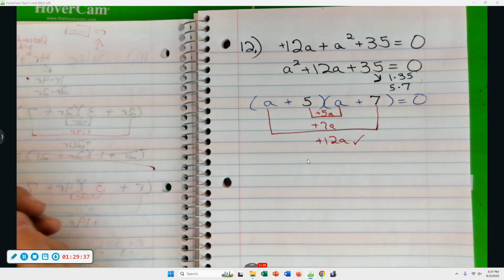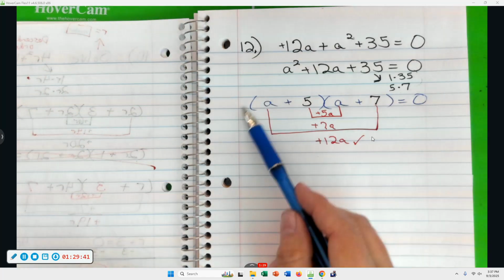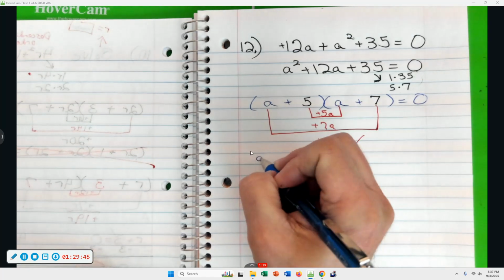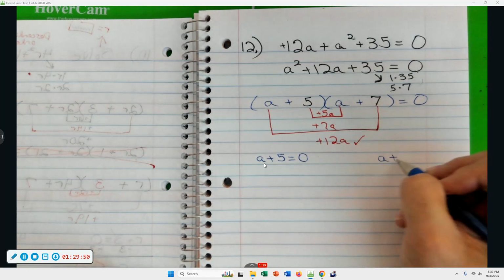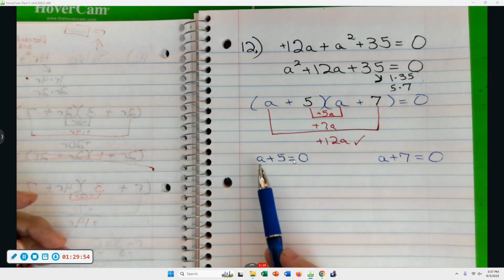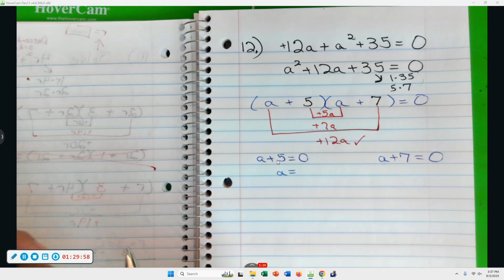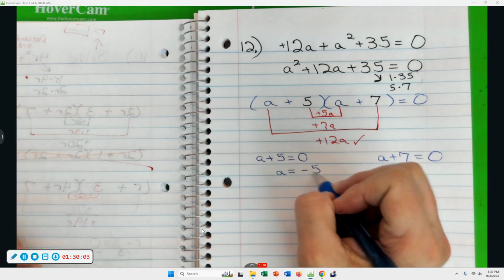Are we through with the problem? If it said factor, we'd write in those parentheses, but that's not what it says. It says solve. So we set each factor equal to 0. Solving the first one, we'll have a equals -5.